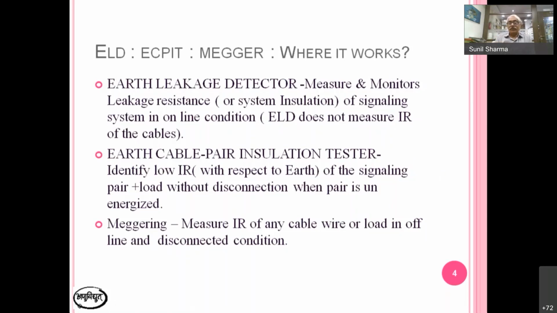No doubt, megger is required, but which one do we do first? So ELD and these two instruments point toward this. They make our megger work somewhat easier. Okay, sir.